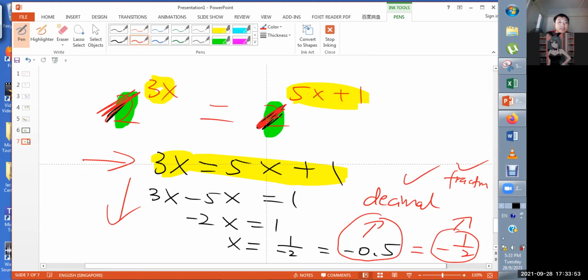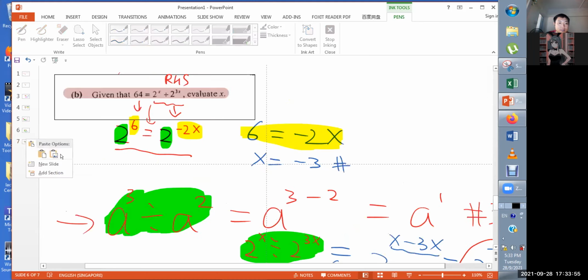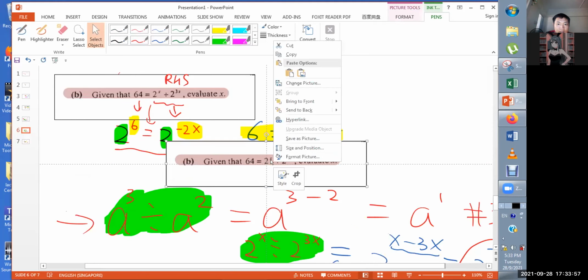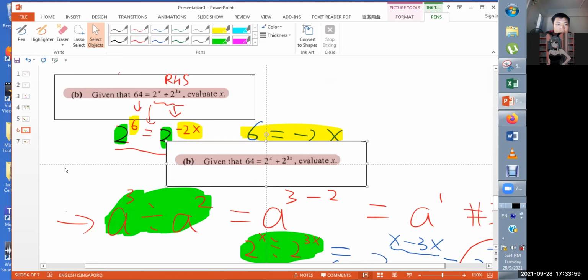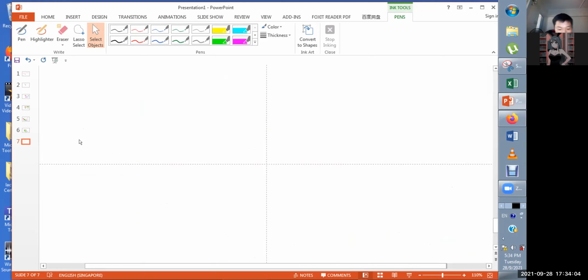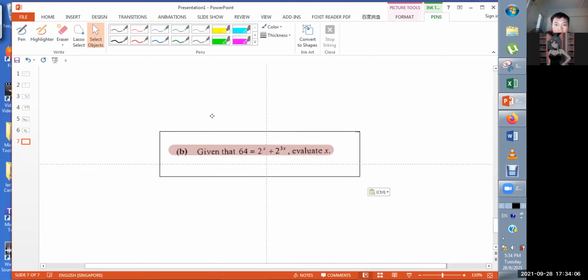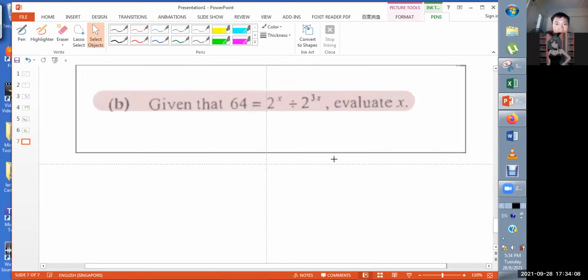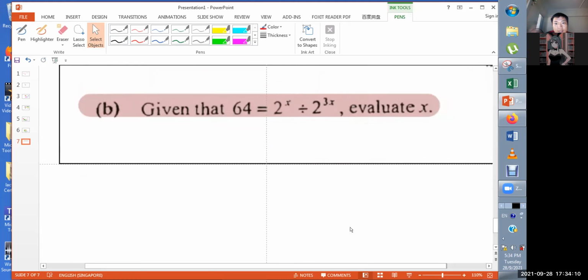So similarly, just now the question is something like this. I'm going to delete this. I'm going to do this. Okay, good. So just now the question is this at the start. So what I'm going to get for the right hand side is 2x minus 3x, right?